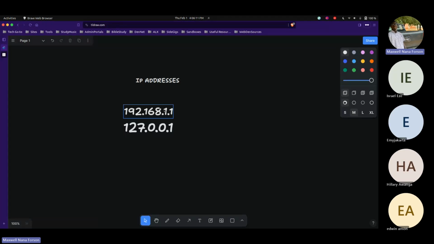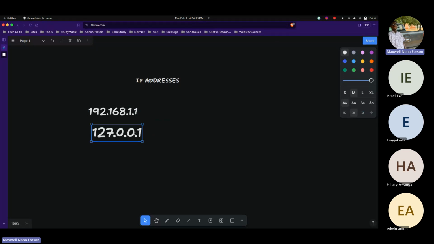There are different classes of IP addresses. We have class A, class B, and class C. Those are the ones that we usually use for network connections.